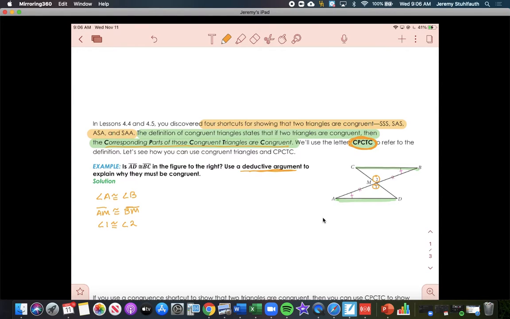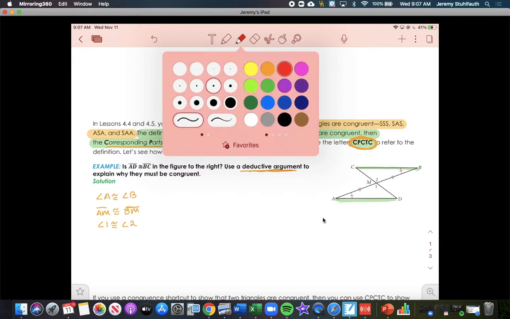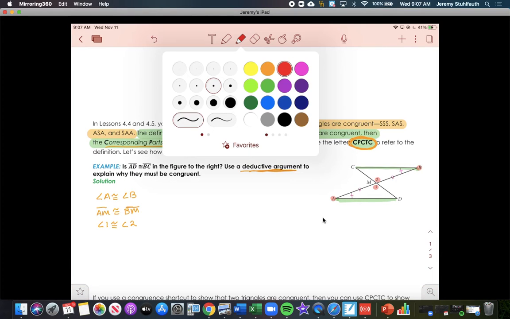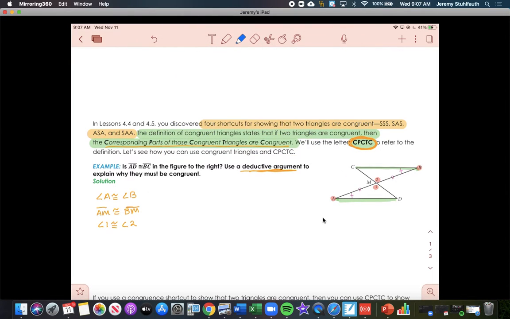Now, if you think about this, what do we know? Let me erase some of these colors on here. So here's what we know. We know that angle 2 is congruent to angle 1. We know that B is congruent to A. And then we also know that BM is congruent to AM.